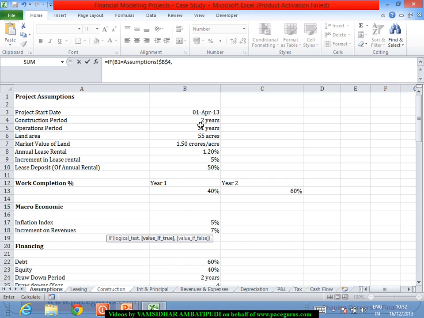what I would be doing is, I would add up the interest and the principal repayment for the period next to the construction period, right? What is the interest and the principal repayment corresponding to the next period?